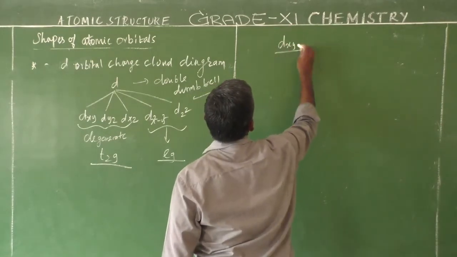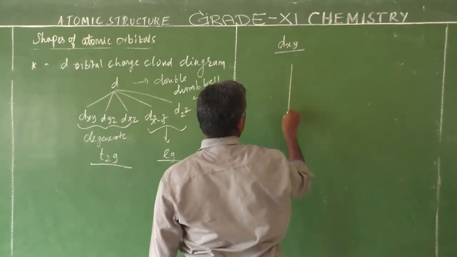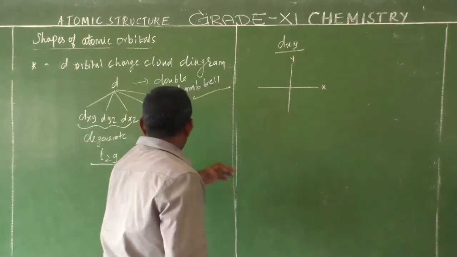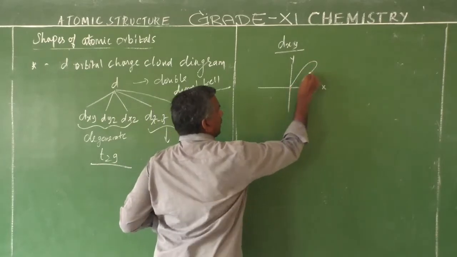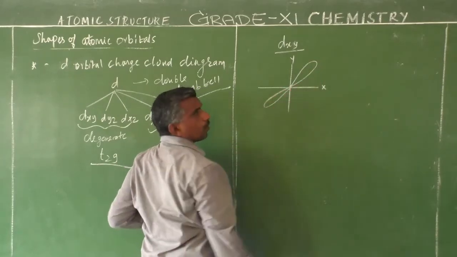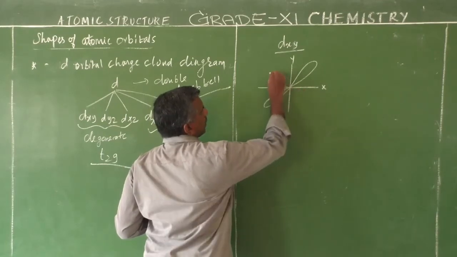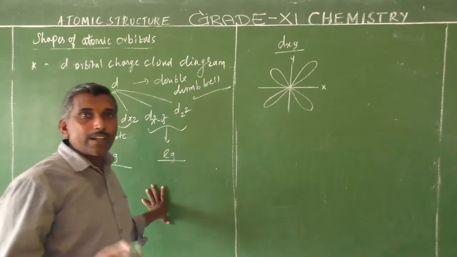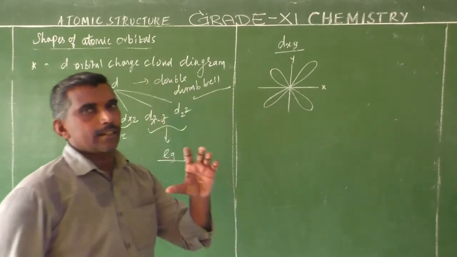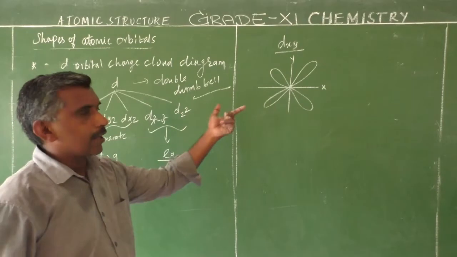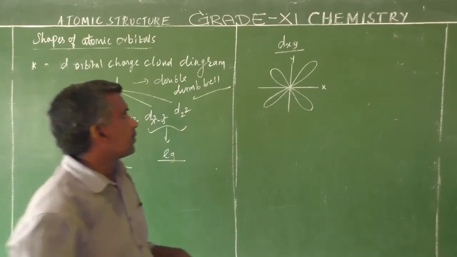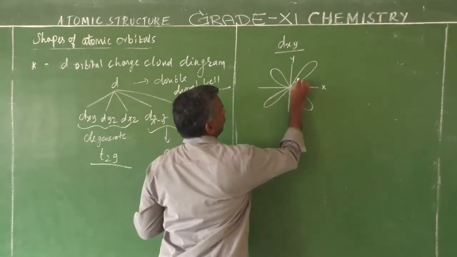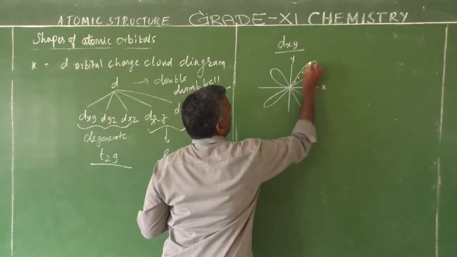dxy. This is the x direction, y direction. Now in between the axes, this is one dumbbell pair. This is the second dumbbell shape. Clover leaf shape or double dumbbells. Now dxy electron cloud. This is the electron cloud.